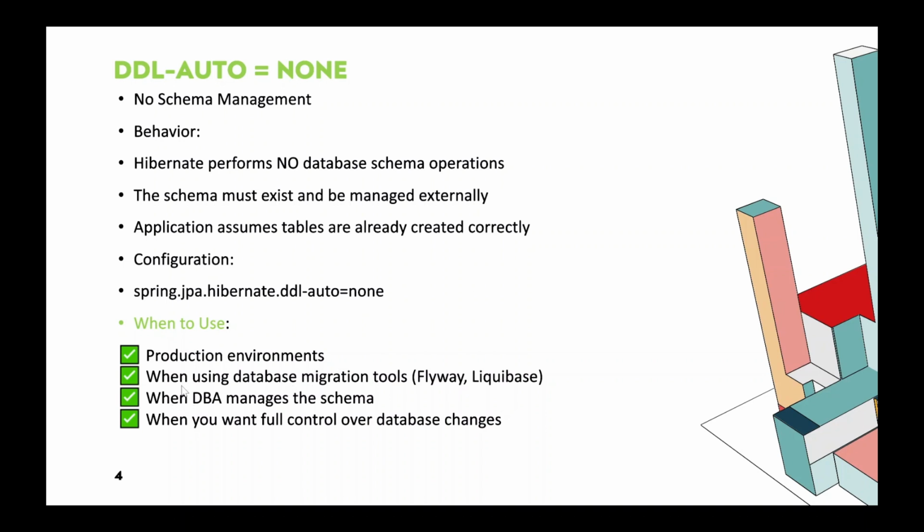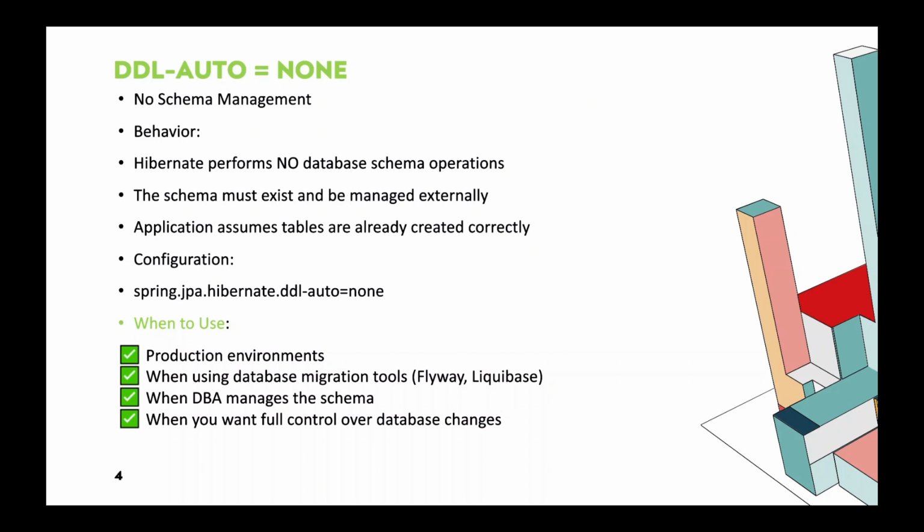Also when using database migration tools, which is a different topic, and when the DBA manages the schema, because the application is not changing the tables because of none. The backend DBA people, the database people, have to provide the SQLs you need to run.